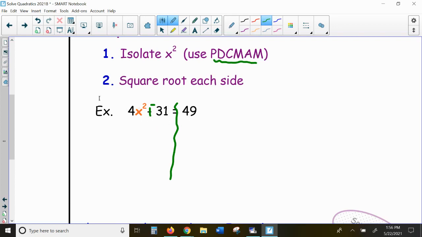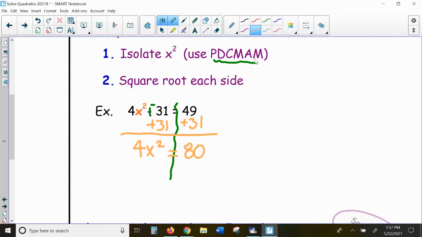So how do we get rid of negative 31? Or minus 31, either way you want to think about it, you're going to plus 31 on both sides. So I'm going to add 31 to both sides of the equation. So that's going to leave me with 4x squared is equal to 49 plus 31, which is 80.